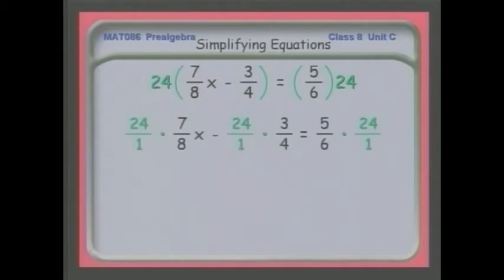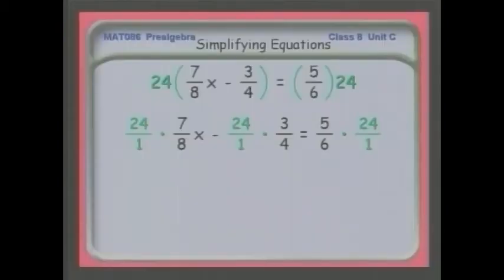First of all, we have 24 multiplied by the binomial, 7/8 x minus 3/4. Remember, we have the distributive rule, which says that if you have a quantity multiplied by a binomial or a polynomial, that quantity has to multiply each of the terms in the polynomial.